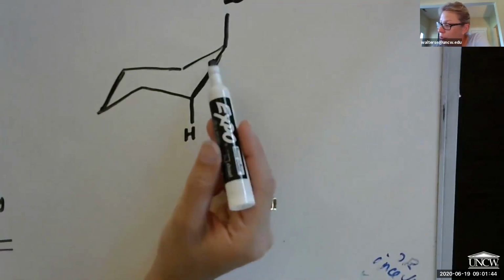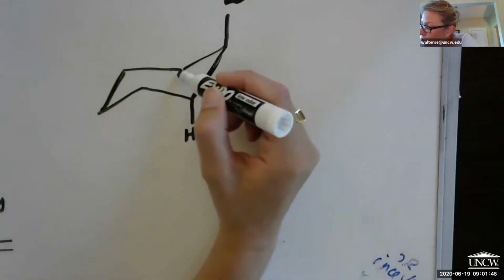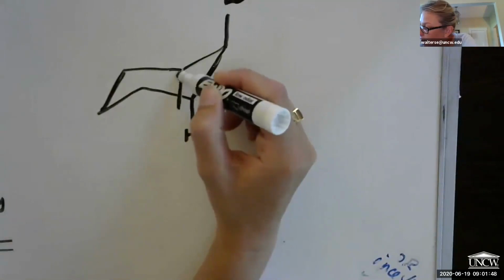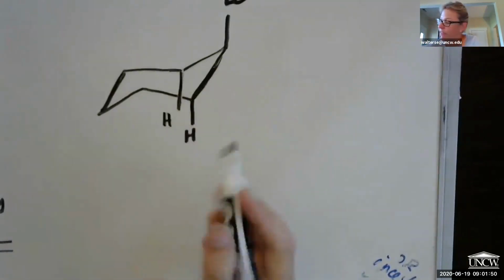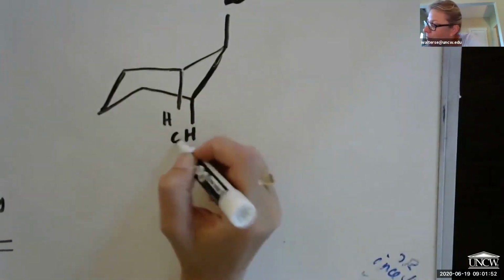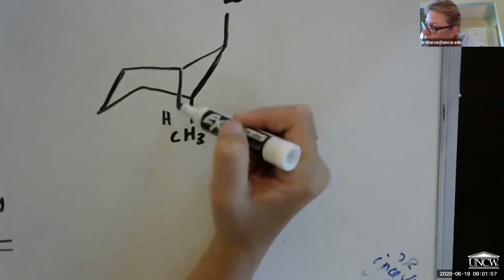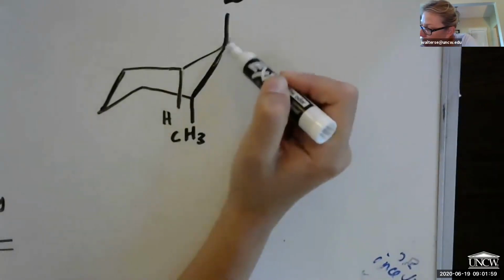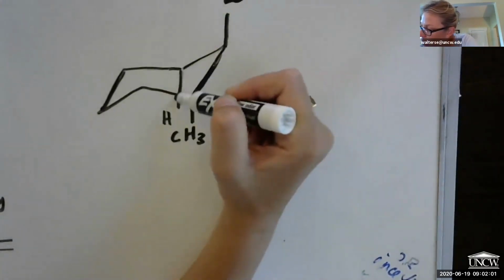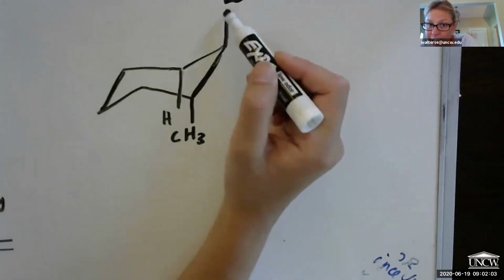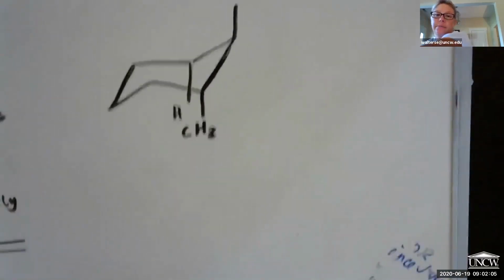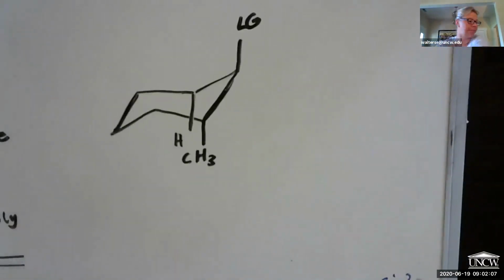But if there's also a beta here. So if this group in the front had been a methyl, you have to be able to tell that you have this anti-periplanar geometry back here. Oh, sorry, you can't see the leaving group as well.